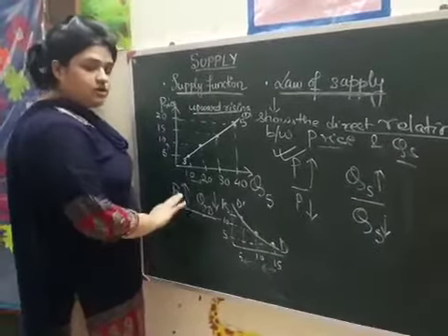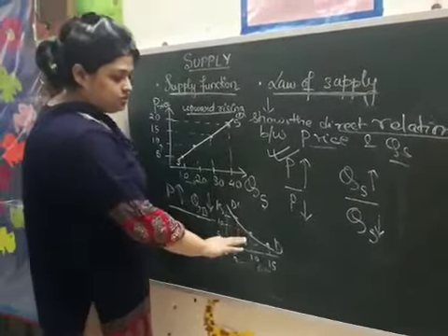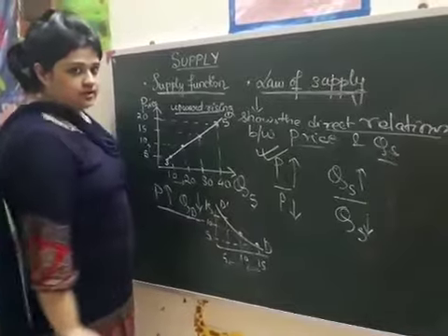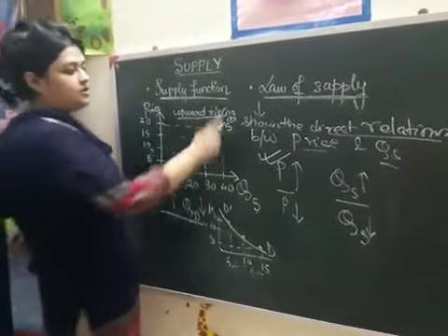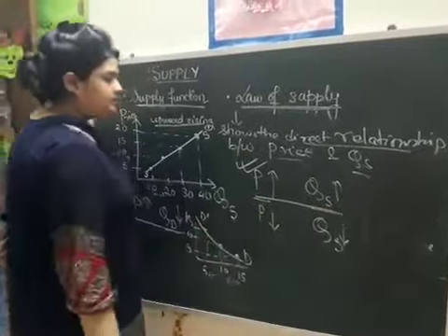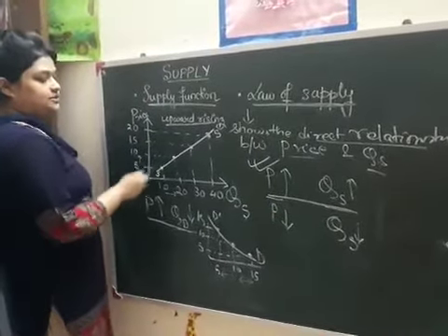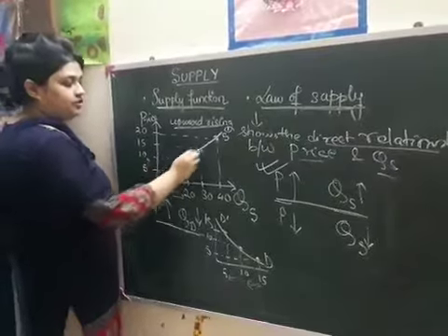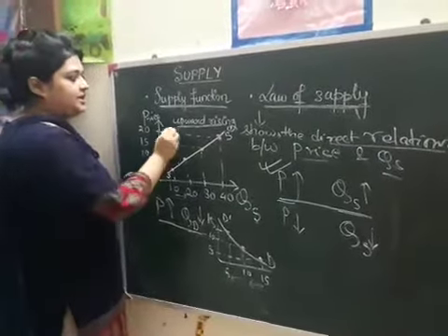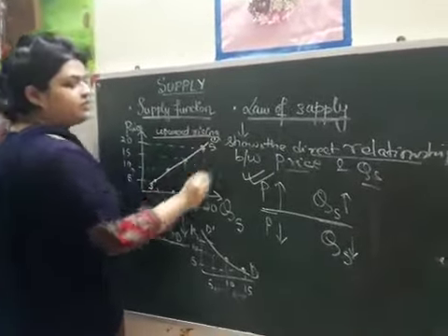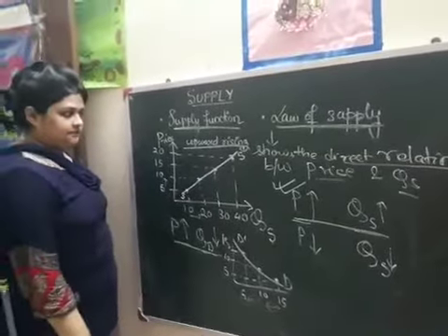So the law helps us to show the nature of the curve, what is the shape of the curve. Here also, the law tells us that price and quantity are directly related. If we plot the points and draw the line, we get the supply curve.